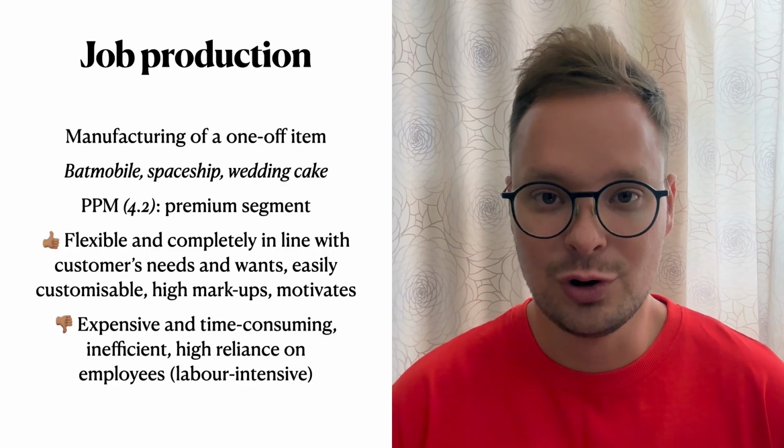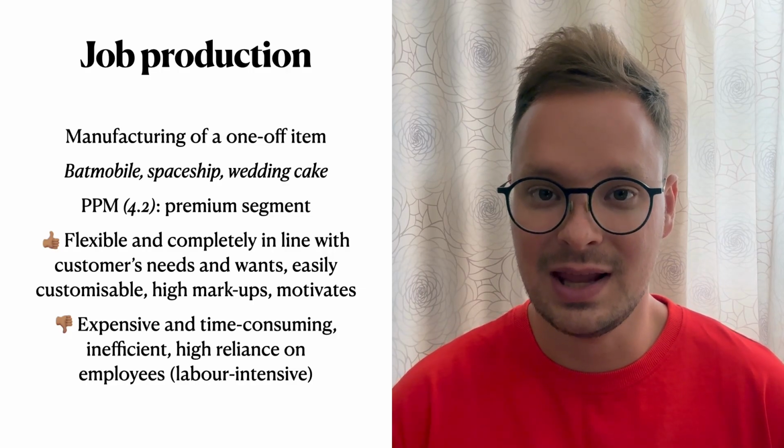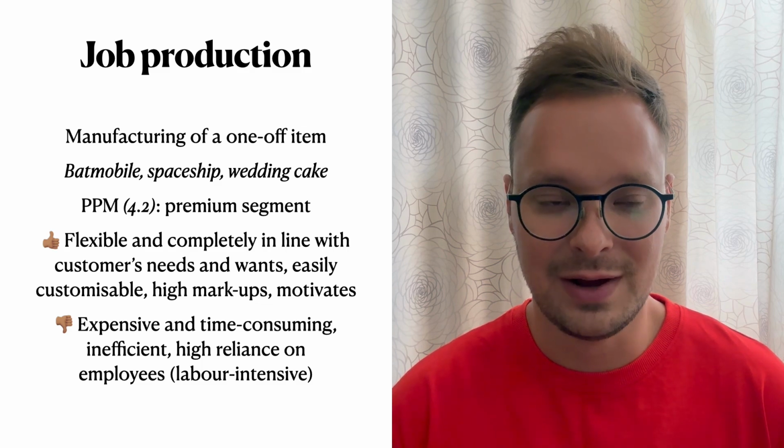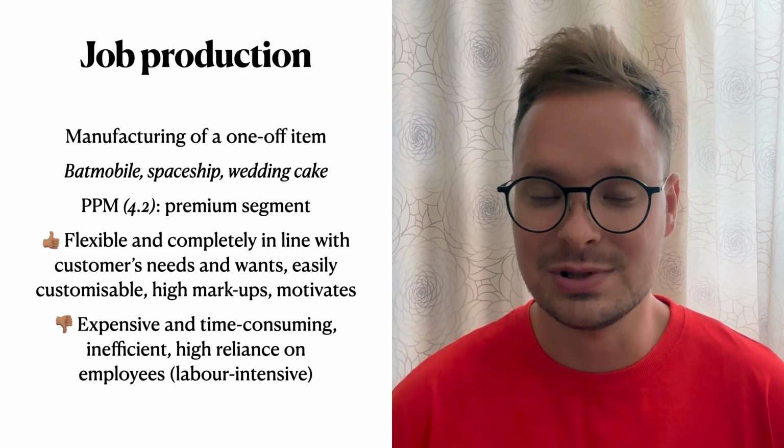On the one hand, job production is super flexible and it allows for customization. So everything can be produced up to customers' needs and wants. Again, when we learn mass production in the third part of this class, there is just a production line and totally identical items are produced at a very high speed in high volumes. This is not the case with job production.